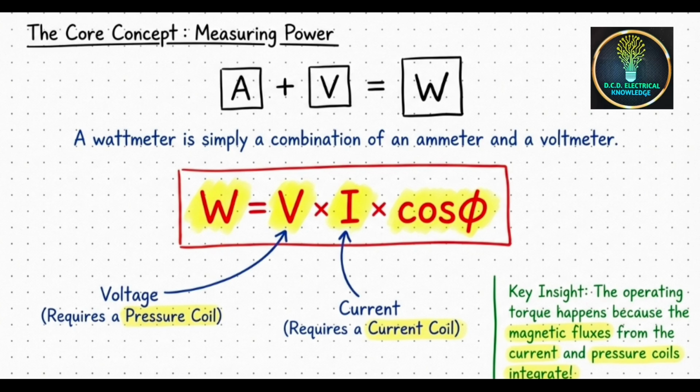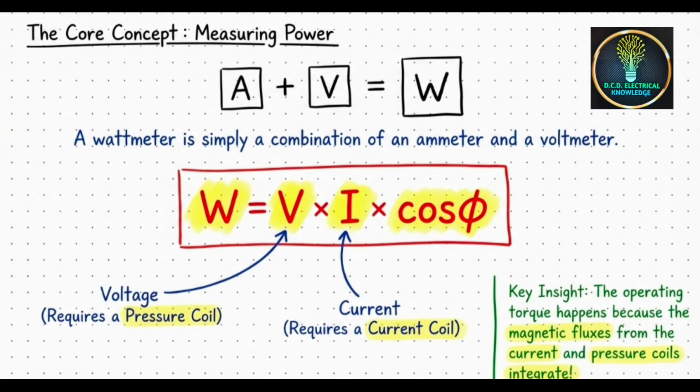Watt W is equal to V I cos phi, where V stands for voltage, which requires a pressure coil, I stands for current, which requires a current coil, and cos phi is the power factor.